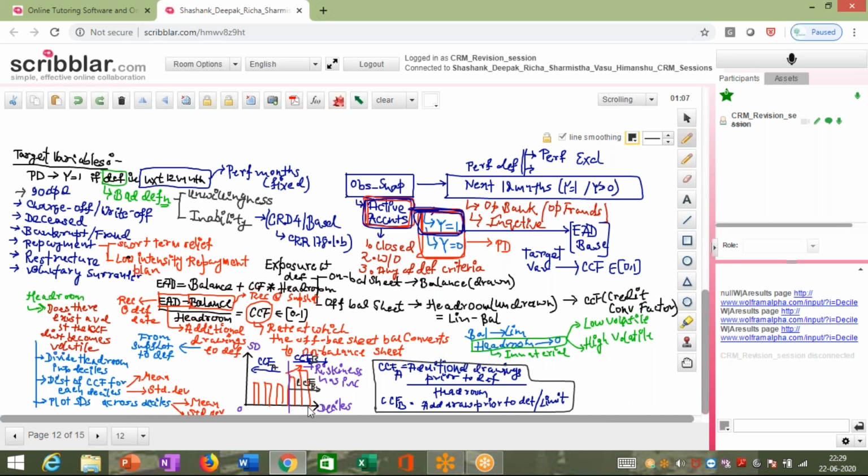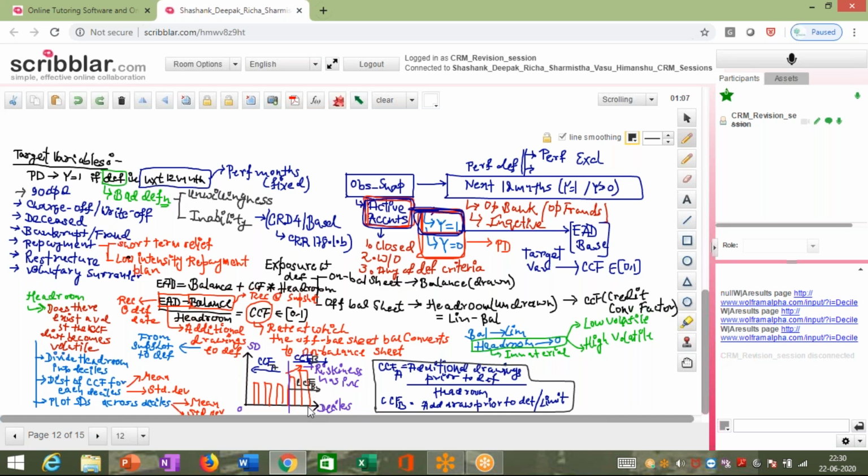So the choice of the immaterial EAD and taking into account the impact of the line increases is important, because that will determine the value of the exposure at default, or it will help us in calculating the value of the balance outstanding, right?